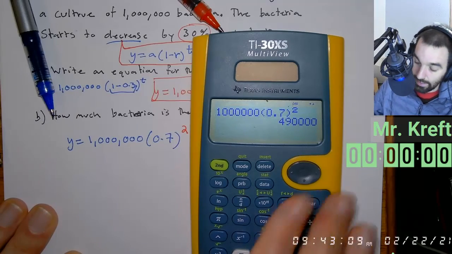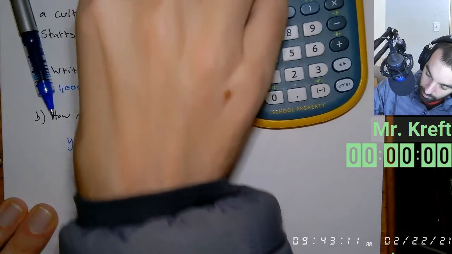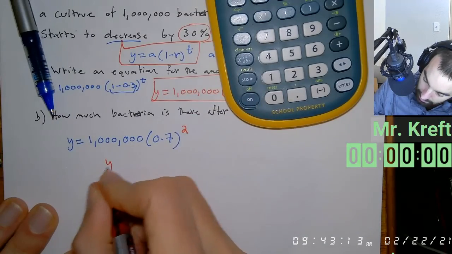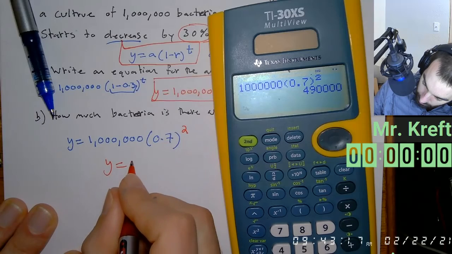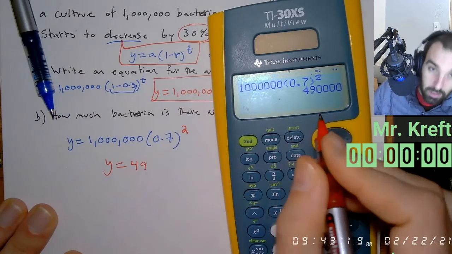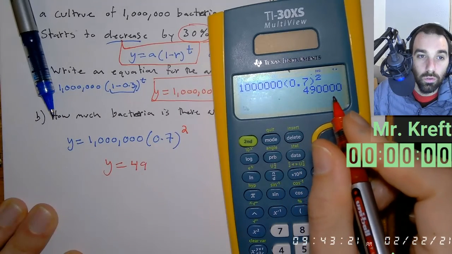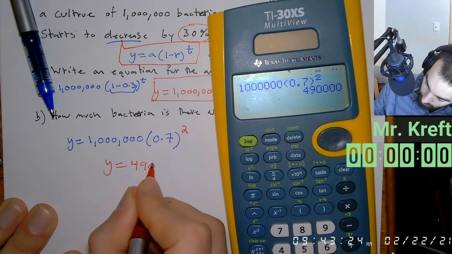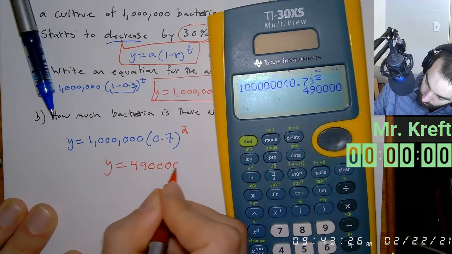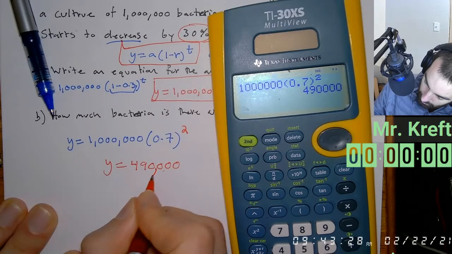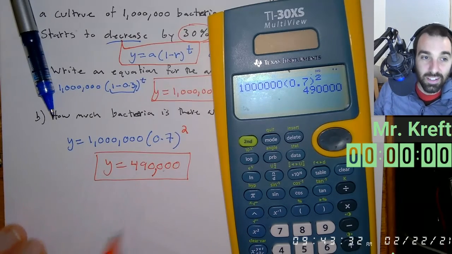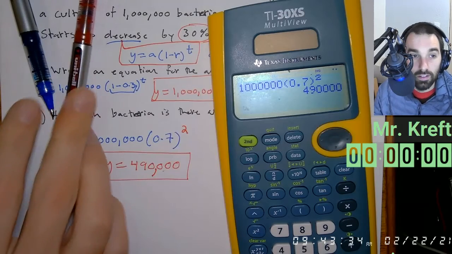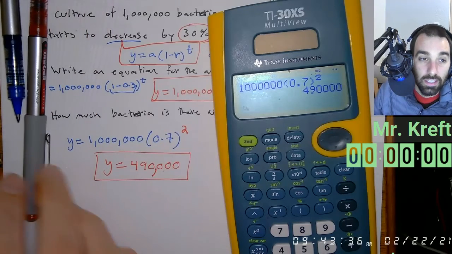So I do that, and I get, oof, there's a lot of zeros there, isn't there? So I get y equals 49, and then how many zeros are there? 1, 2, 3, 4. So it looks like there would be 490,000 bacteria.